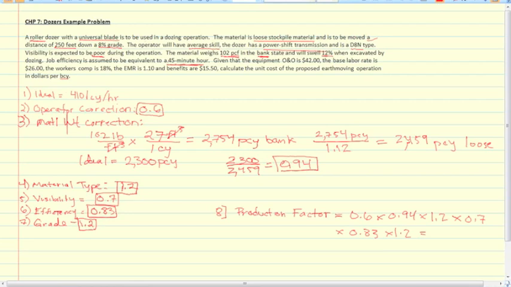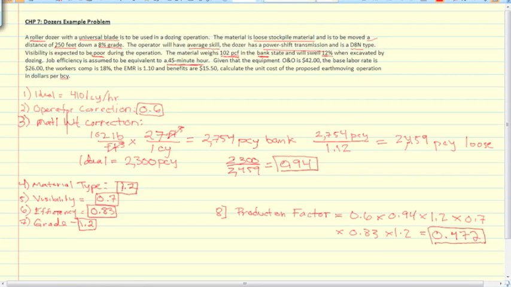Okay, so we're going to go ahead and calculate that out. Let me actually punch this in. You get 0.6 times 0.94 times 1.2 times 0.7 times 0.83 times 1.2. Yeah, 0.472. Alright, so there's our production factor.